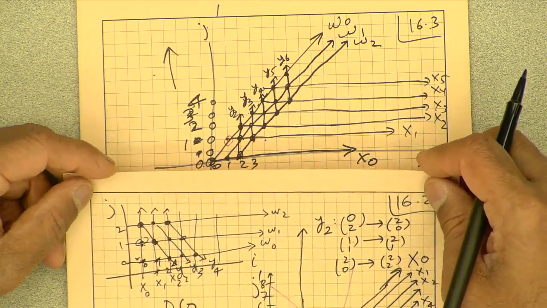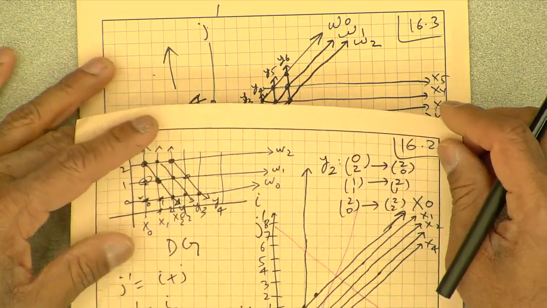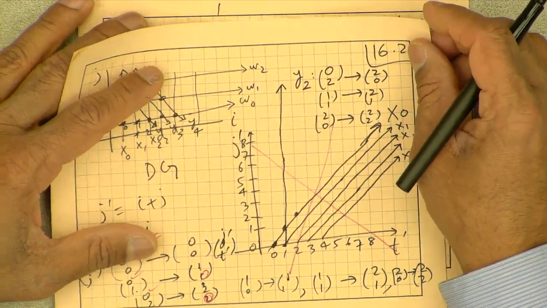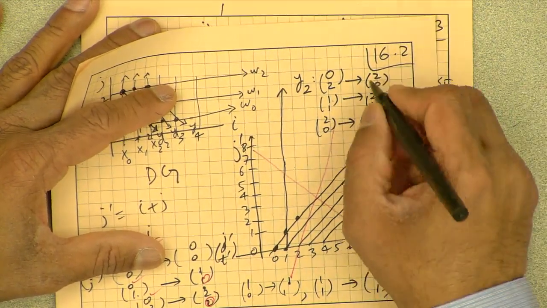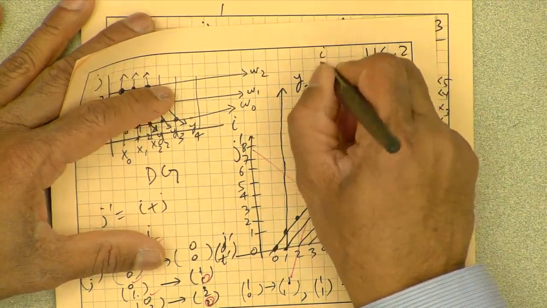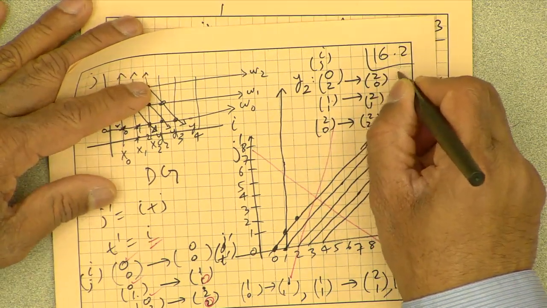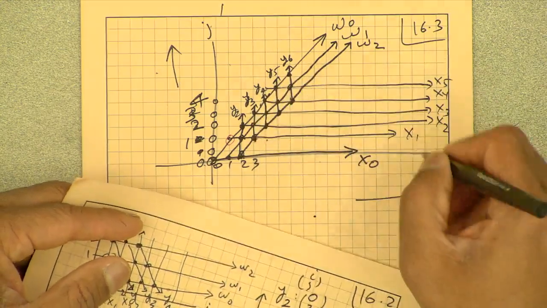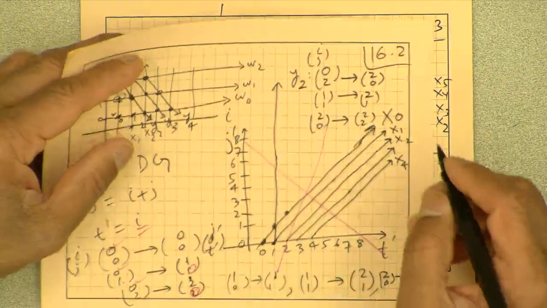Oh, I see the mistake. I think you are supposed to be more alert than I am. When I'm writing this, this is i, j. When I'm writing this as 2, 0, I'm writing it as j prime, t prime, but I'm drawing it as t prime, j prime, taking this as the x-axis and this as the y-axis.